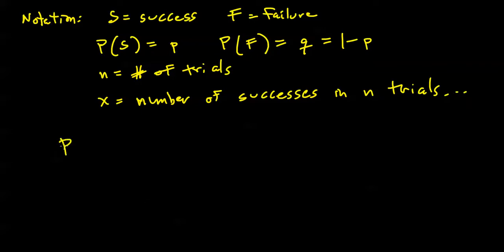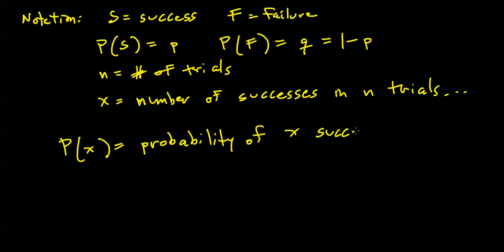So the probability of x is then the probability of x successes in n trials.